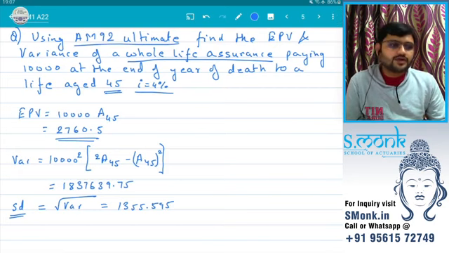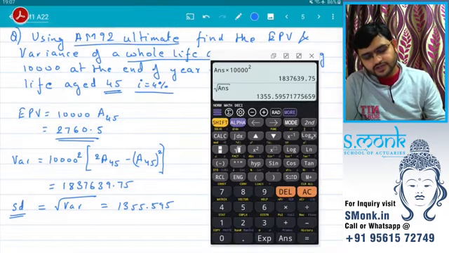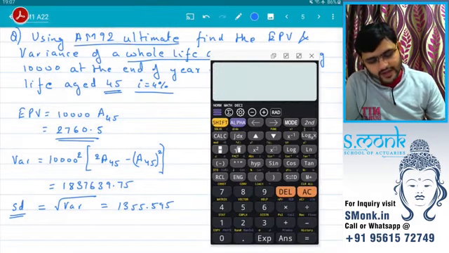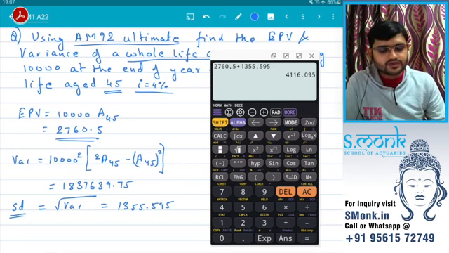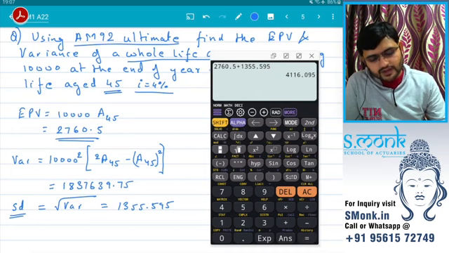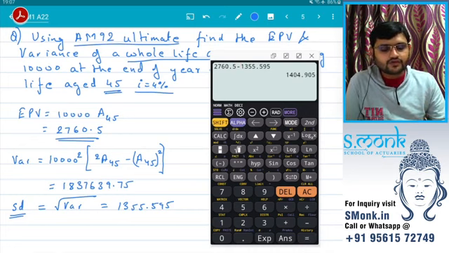That is, let's say, the premium that we'll be charging, but the value can go as high as 2760.5 plus 1355.595, about 4100, and it can go as low as about 1400.